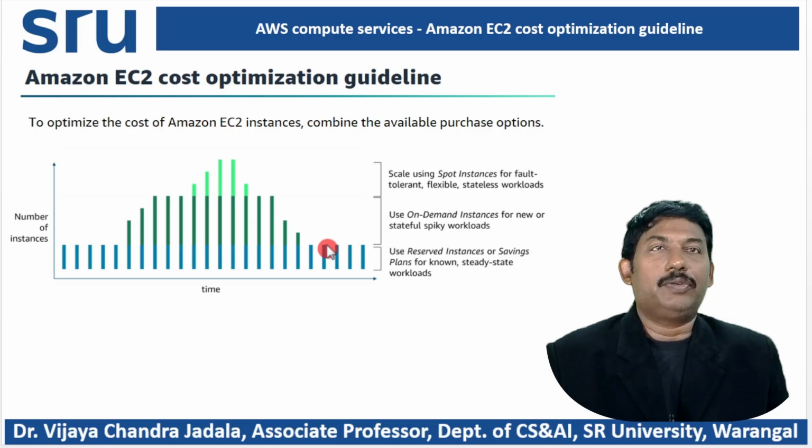The scale uses spot instances for fault tolerant, flexible, stateless workloads. Then on-demand instances for new or stateful workloads. Then reserved instances or savings plans for known steady state workloads. These are all considered the Amazon EC2 cost optimization guidelines.